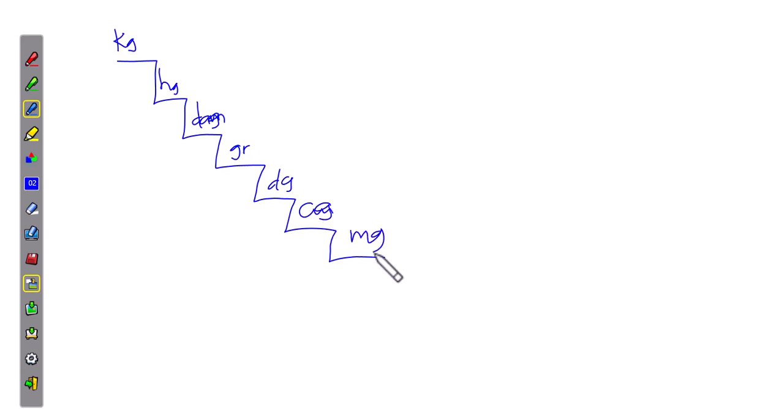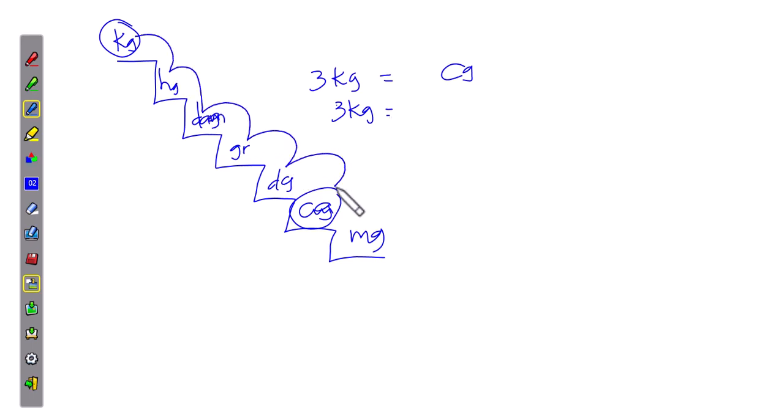So it's just the same. If you want to change from the top one into the lower part, you multiply by 10 for each step you go down. For example, we want to find the result of 3 kilogram to centigram. Then 3 kilogram equals 3 times 10 to the power of 5, because it is 5 steps: 1, 2, 3, 4, 5.